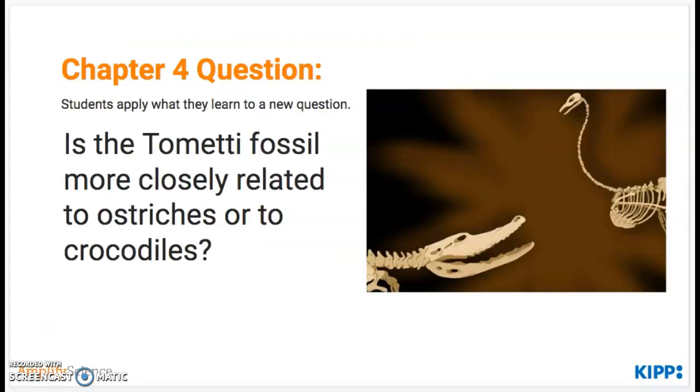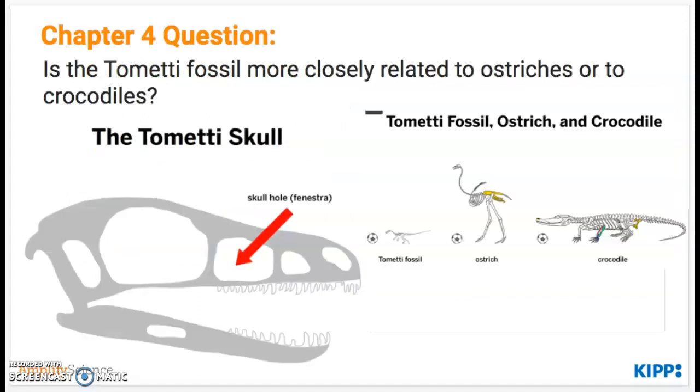In Chapter 4, students are presented with a novel scenario that relies on similar skills from Chapters 1 through 3. A new fossil, the Tometti fossil, is being placed in a museum exhibit, but scientists need to determine if it is more closely related to ostriches or crocodiles. Students are presented with images that show structural features in each of the three organisms, such as hollow spaces in the skull.